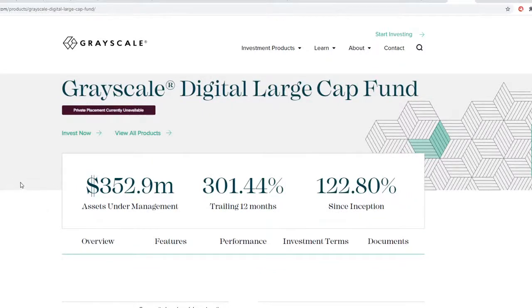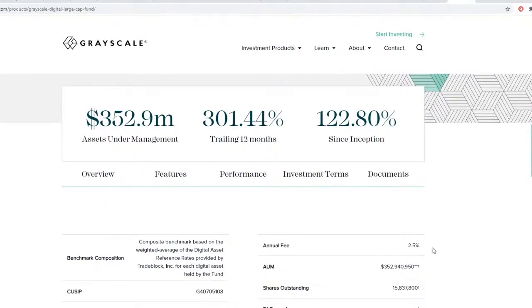So this takes away the risk or the uncertainty of how do you do it? How do you get involved with something like that if you're a self-directed individual? So, paying a 2.5% fee when you're making 122% a year is, I think, fairly reasonable.